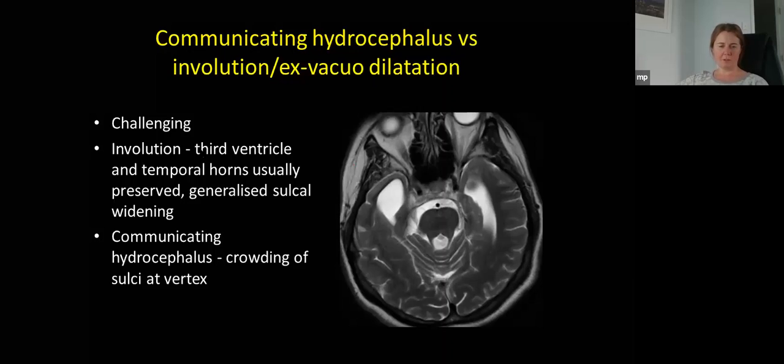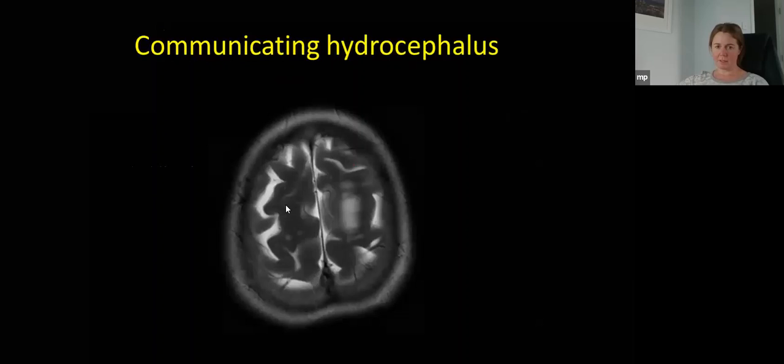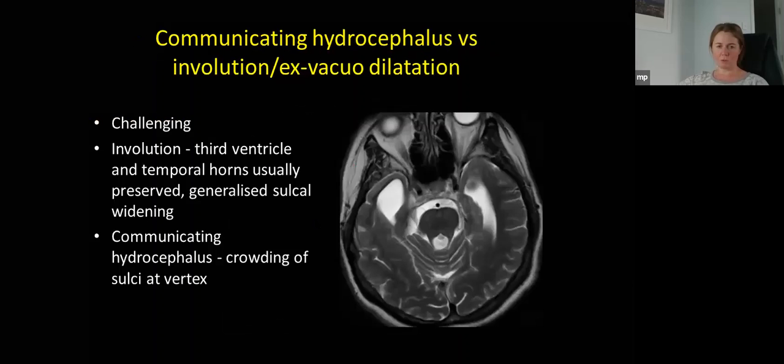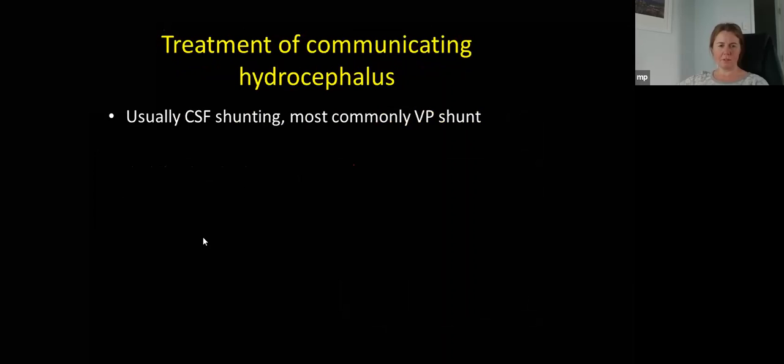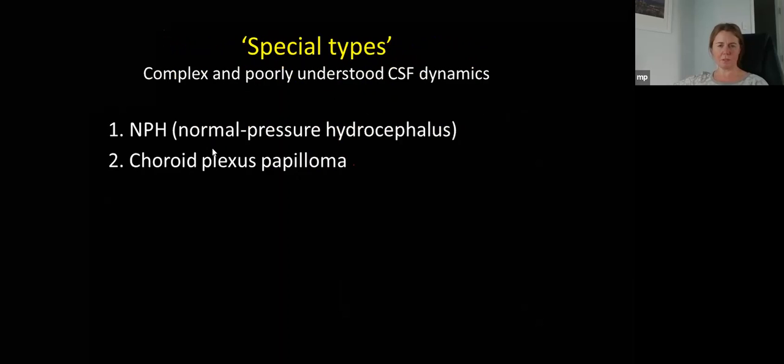And of course, you'll look at the sulcal pattern. If you've got atrophy, your sulci will generally be proportionately widened. And with communicating hydrocephalus, which wasn't the case in this case, they may also have crowding of the sulci. So more likely to have sulcal crowding if you have communicating hydrocephalus. And these are treated by shunting. So you normally do a VP shunt for these patients.